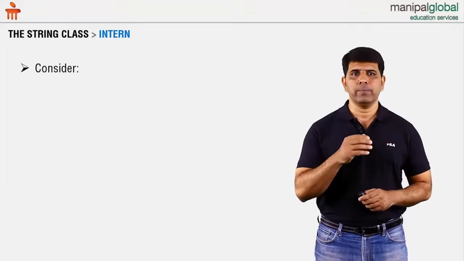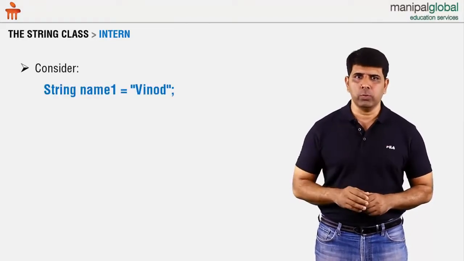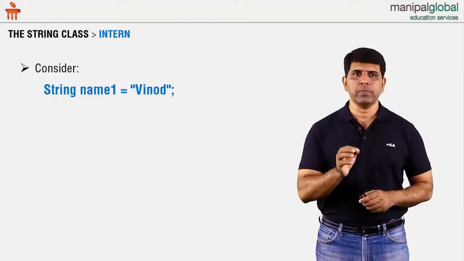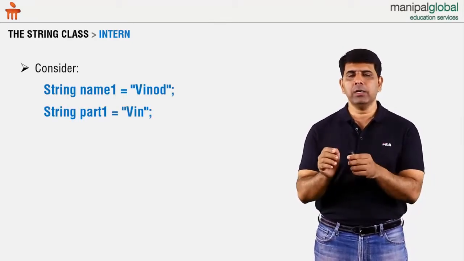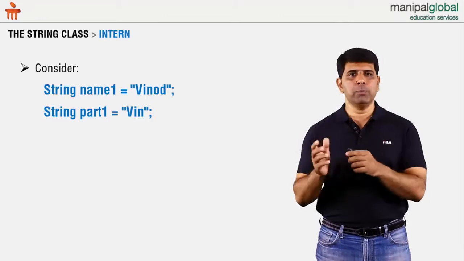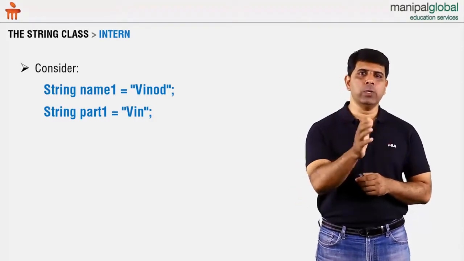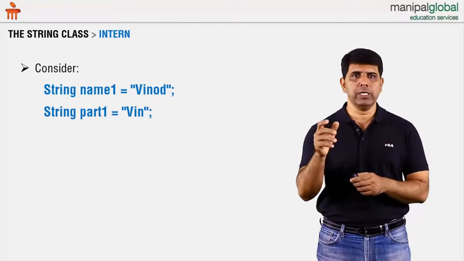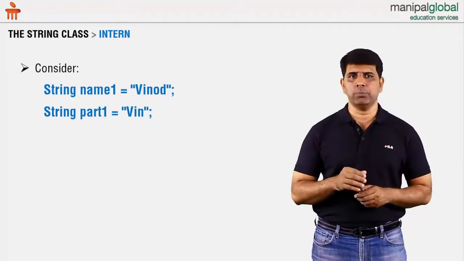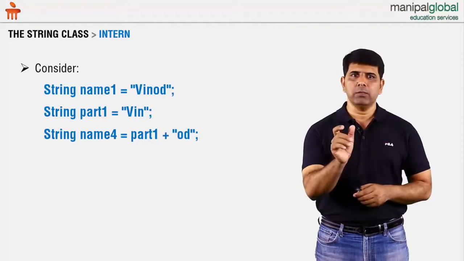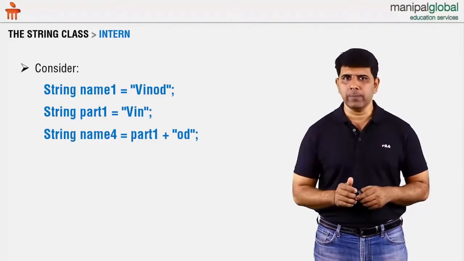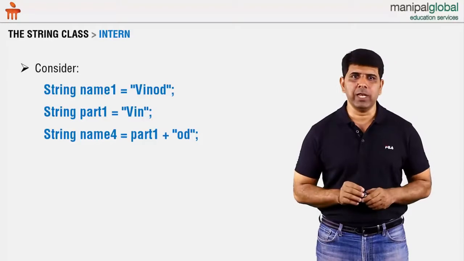Let's look at this one. String name1 equals "Vinod", and we have part1, which is only "Vin". Now here there are two objects in the pool because we assigned without the new keyword. So there are two string literals, and they both are placed in the pool. We have another name here, name4, and we said part1 plus "od". Now remember, part1 is a variable.